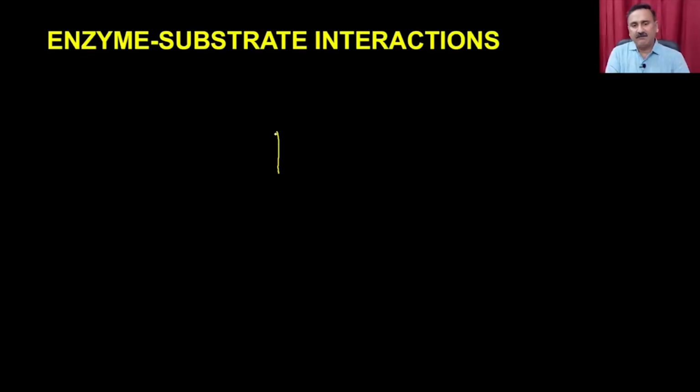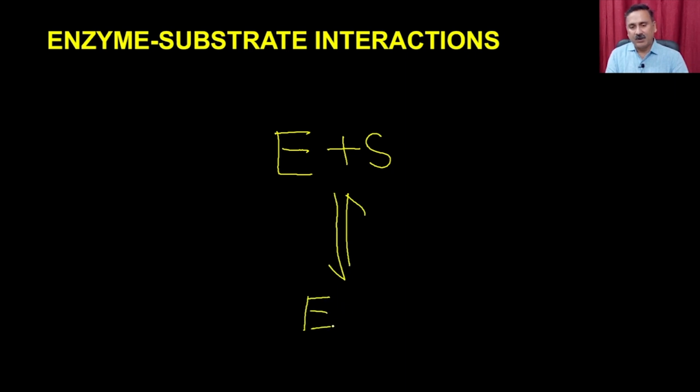Now the big question comes: how are the enzyme and substrate interacting, and what different modifications are brought into the enzyme structure? You can imagine that if an enzyme interacts with the substrate, it brings a lot of changes into the enzyme structure, because it is forming the enzyme substrate complex.